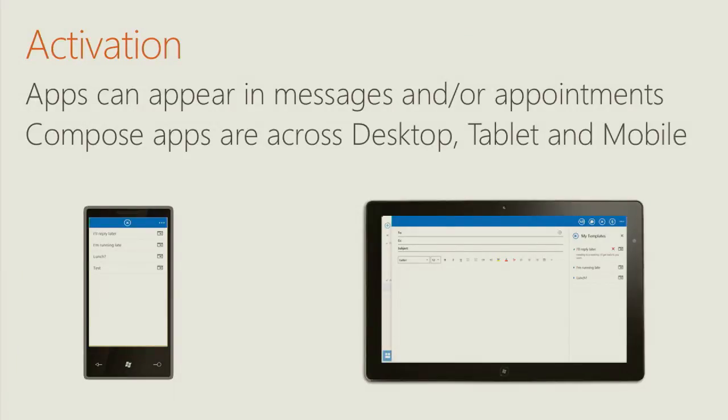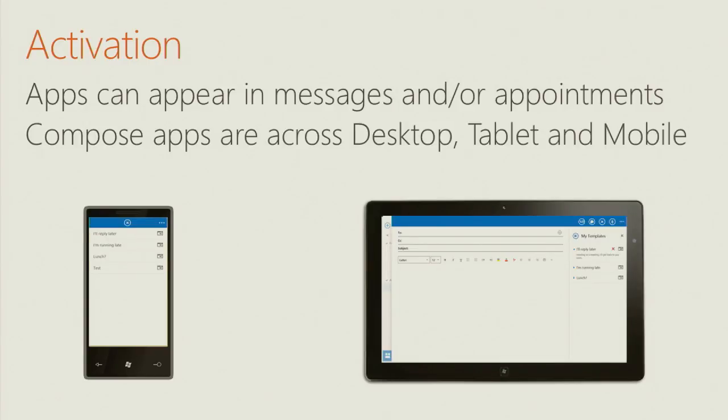Whereas in read, the developer can specify to show this app only when there is a regex match or whenever there's an entity present, like a postal address, in compose, you either appear in messages or you appear in appointments, or both, or none. And that's it. We did this because we didn't want apps to become available if a user typed something in, then disappear, and then appear again. So for the first version of compose apps, we really wanted to make it quite simple.